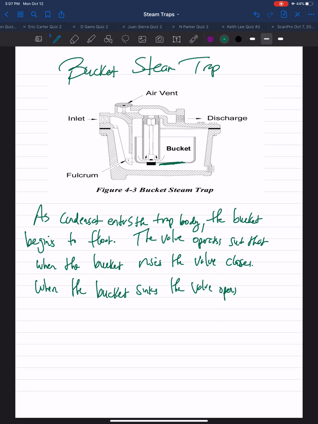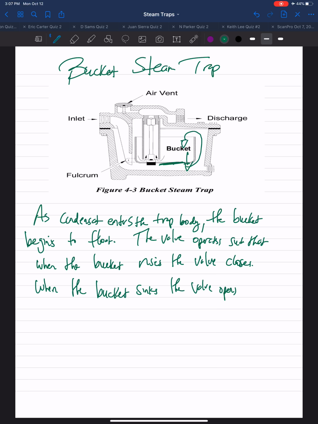So as the condensate flows into the body of the trap, the bucket begins to float, which keeps the valve closed. Eventually, the level of condensate builds up to the point that it begins to spill into the bucket. As it continues to fill the bucket, eventually the weight causes the bucket to sink. This opens the valve.